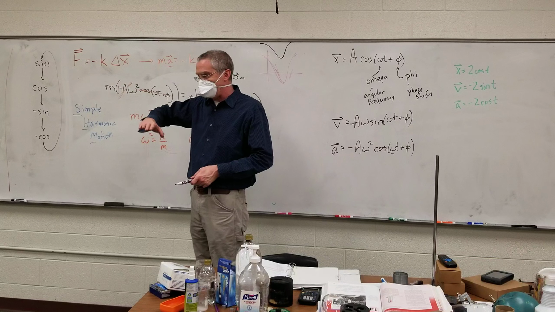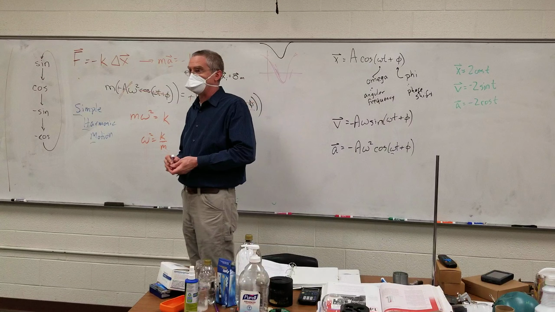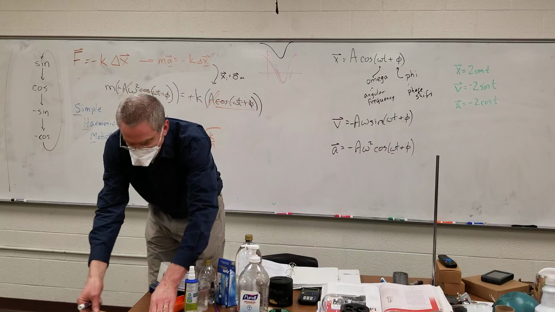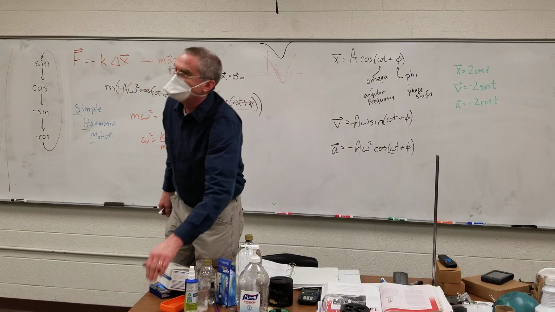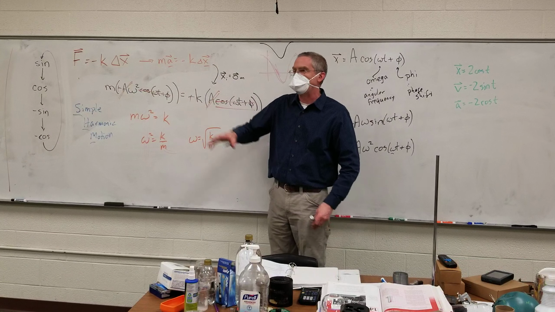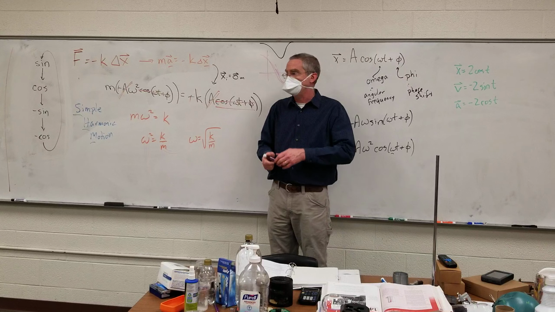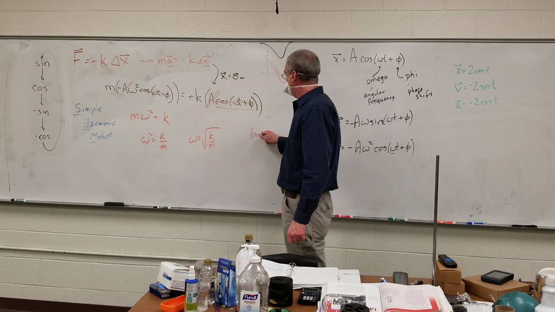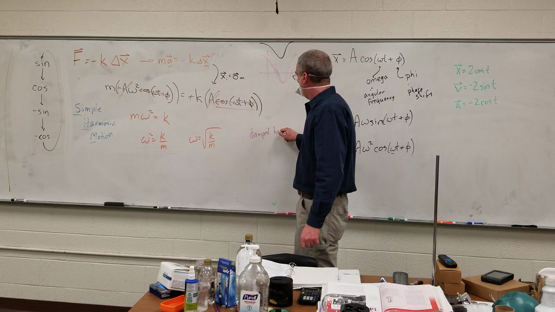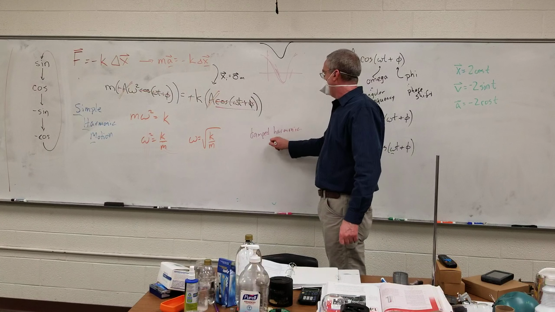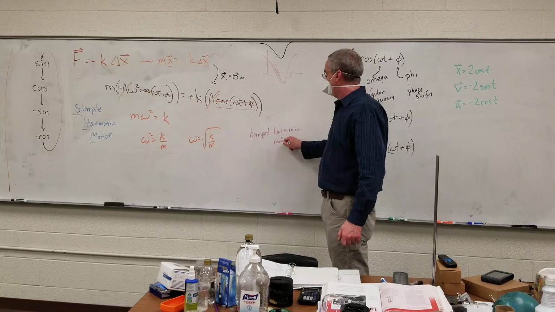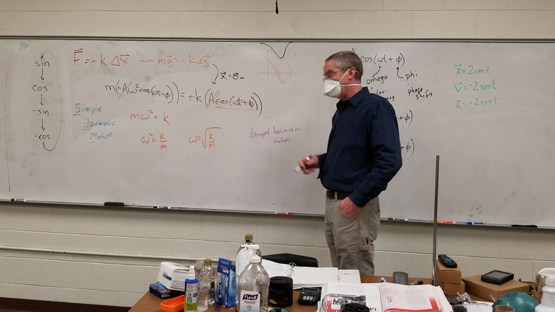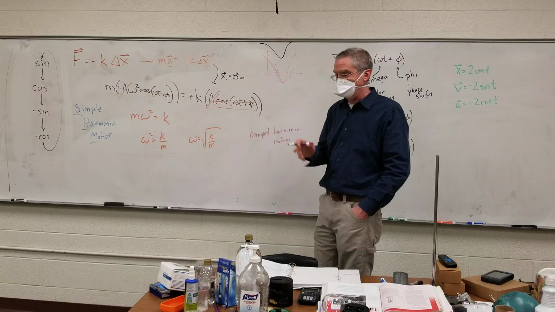If it started vibrating back and forth, so here's an example of harmonic motion that is not simple. The fact that it eventually stopped, that is damped harmonic motion. And we are not dealing with that, we're dealing with the simple case, the fact that it will not stop.